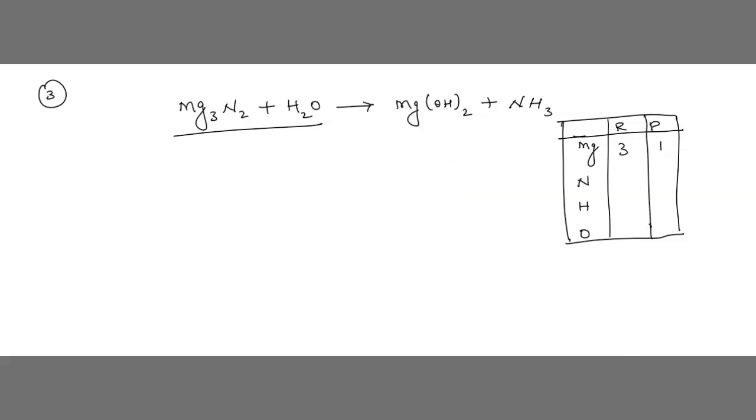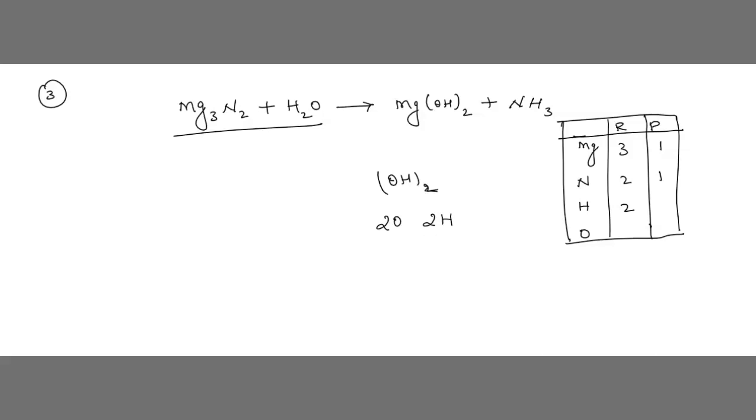Now how many N do we have? Reactant side 2N, product side we have 1N. How many H do we have? We have 2H. Correct? Here how many H do we have? Here we can see 3H and here 2H. Understood? See, I told you OH twice, right? It means this 2 will represent 2O and 2H.